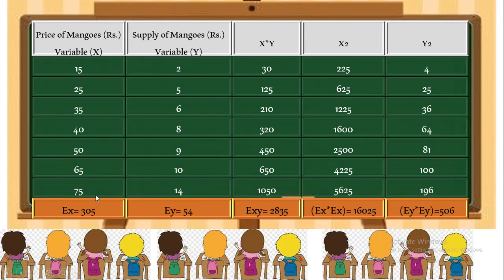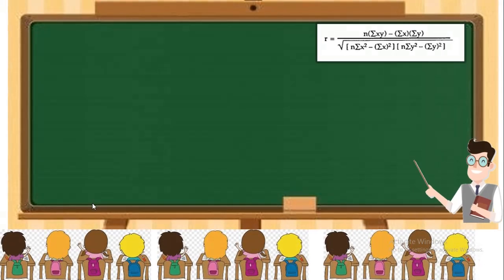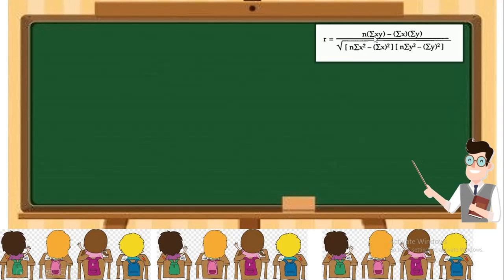Now to calculate the correlation, let us again look at the formula and the figures which we require. We require sigma xy, sigma x, sigma y, sigma x square and sigma y square. So let us re-look at everything we have calculated.